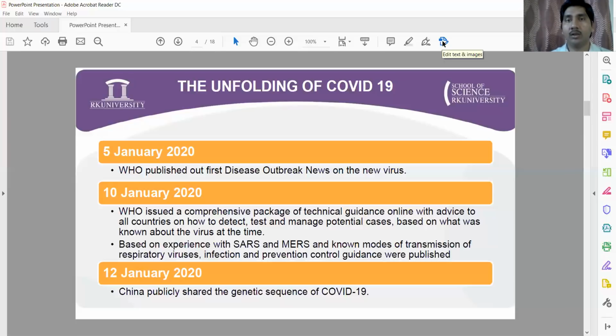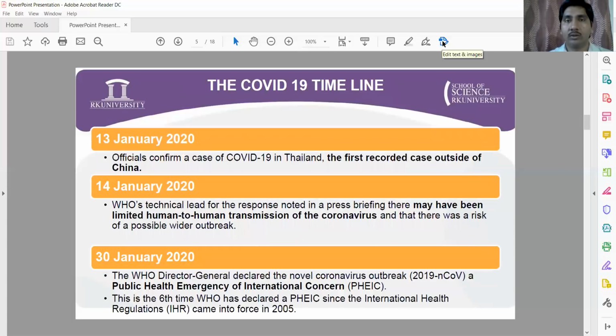Later on, it helped researchers a lot to know more about the virus, and it is still helping the researcher community to investigate and design drugs against this virus. On 13th January 2020, WHO officials confirmed that a case of COVID-19 was found in Thailand, the first case outside China.